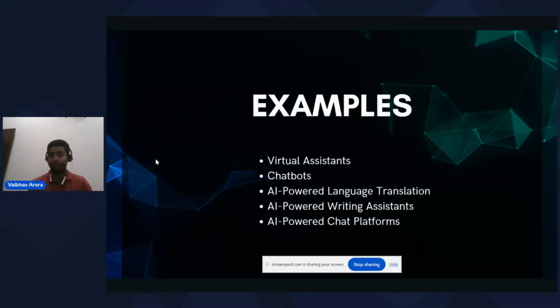Chatbots, Copilot, Gemini, Chat GPT, AI powered language translations, AI powered writing assistants. We are using all these things, right? These are great examples of conversational AIs, as well as agents that we can get motivation from for creating our own use case, right?